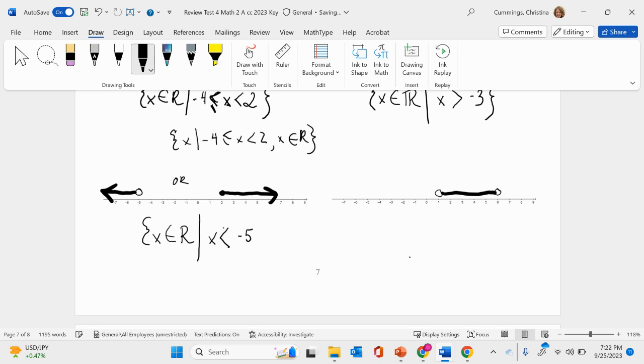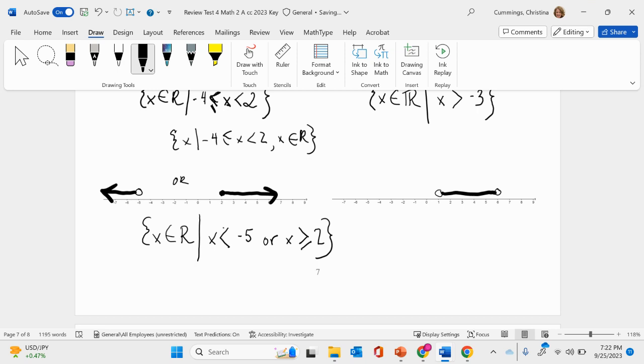So x is less than -5, or there's our gap right here, x is greater than or equal to, because closed circle means or equal to, what's this number right here? 2. Okay.